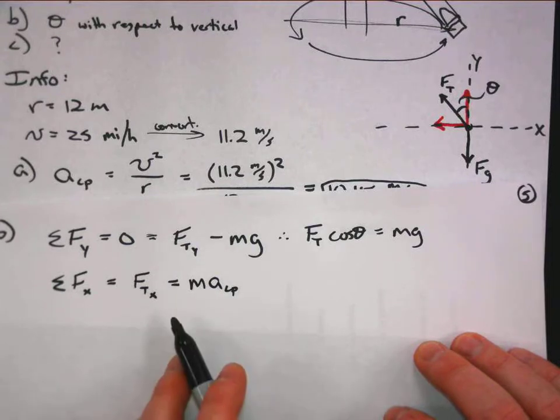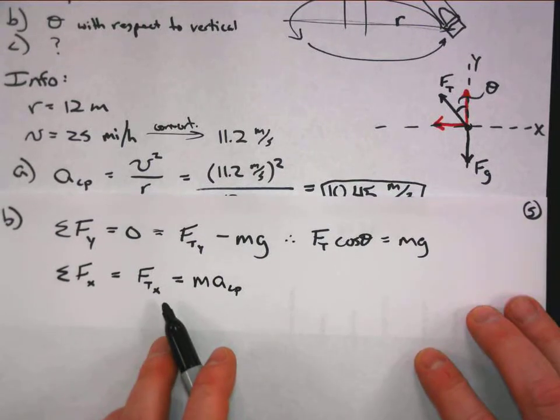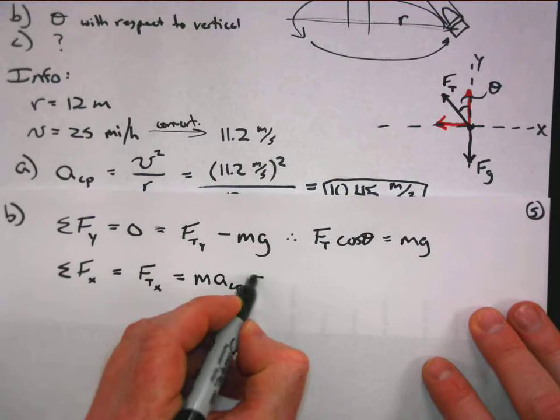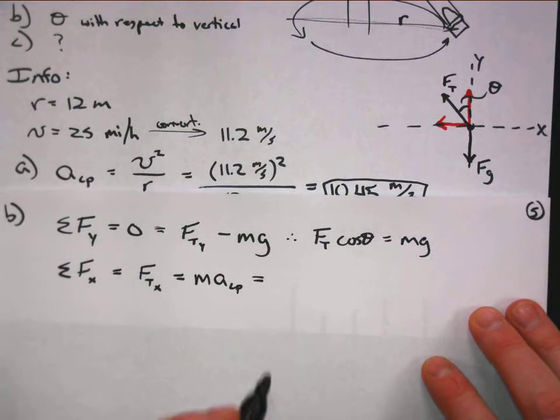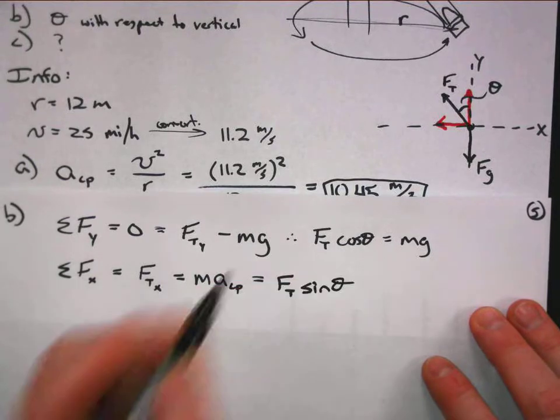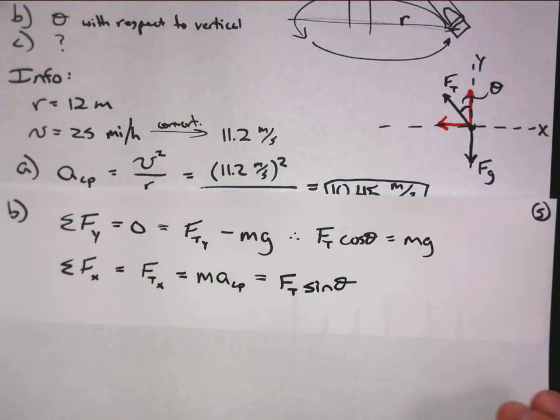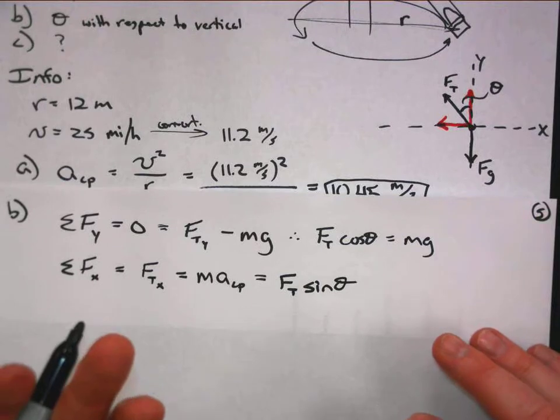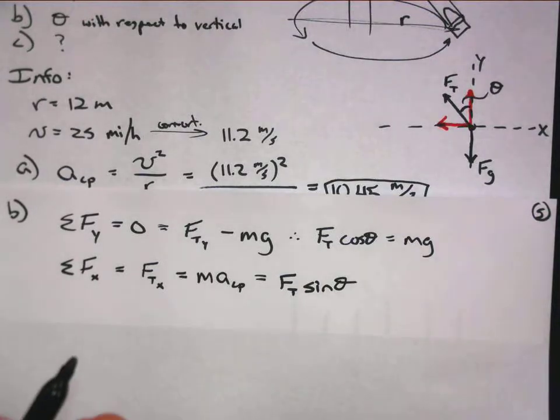Newton's second law happening right here. But this is also the component of tension. Oh, another bell. So that component of tension happens to be the force of tension times the sine of theta. And so, all right, it looks like I have two equations with two unknowns.